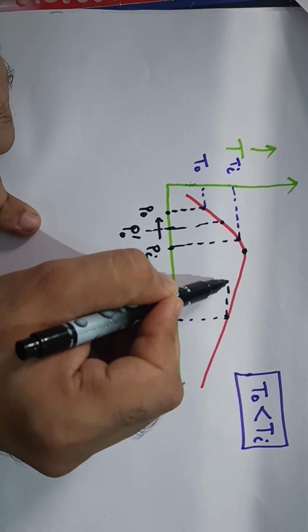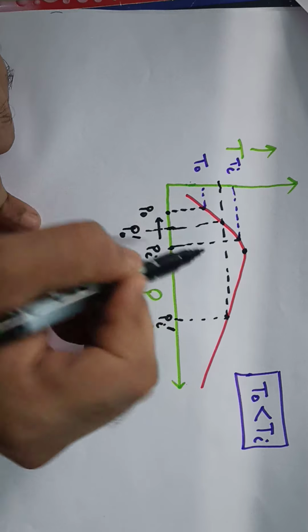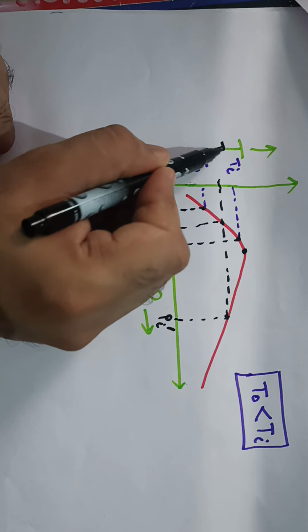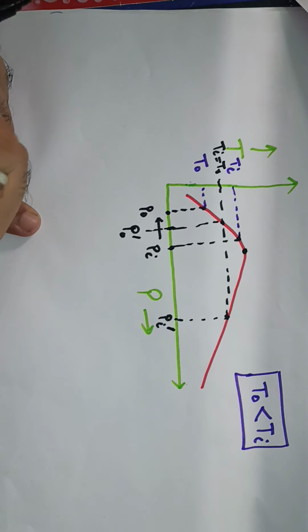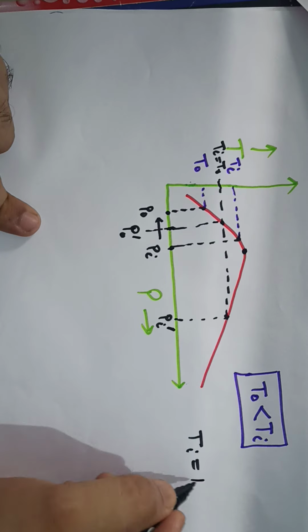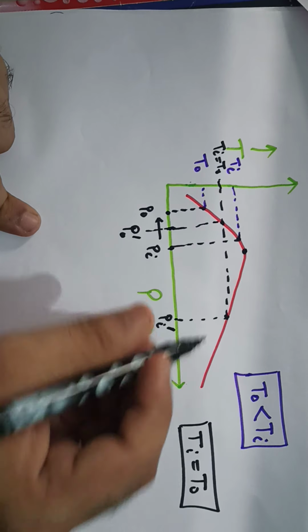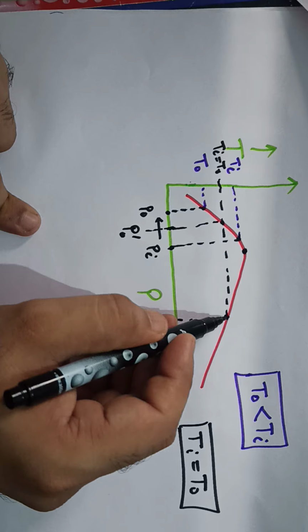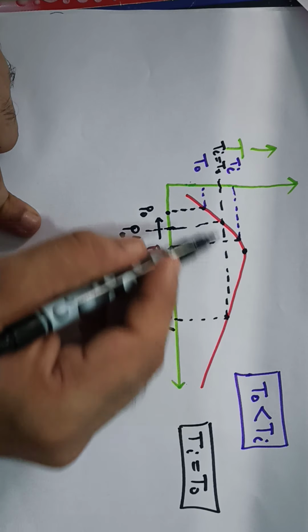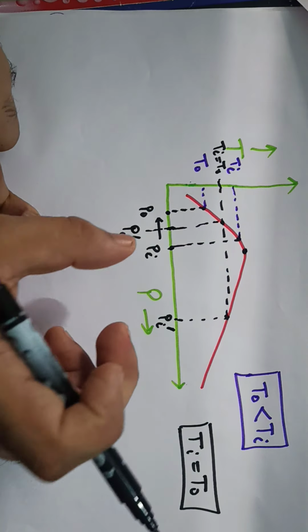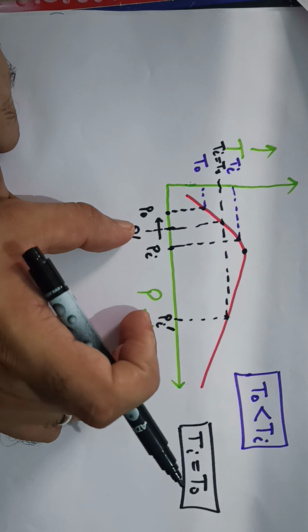Now if we join these 2 points, we find that the inlet temperature is exactly equal to the outlet temperature. So the inlet temperature can also be equal to the outlet temperature, irrespective of whether it was on the negative slope side or the positive slope side of the inversion curve. But the amount of throttling that has to be done is very high.